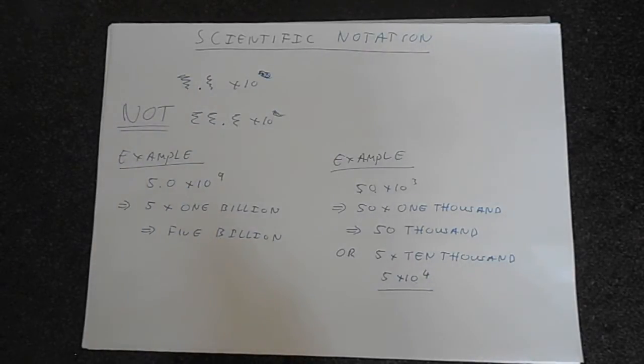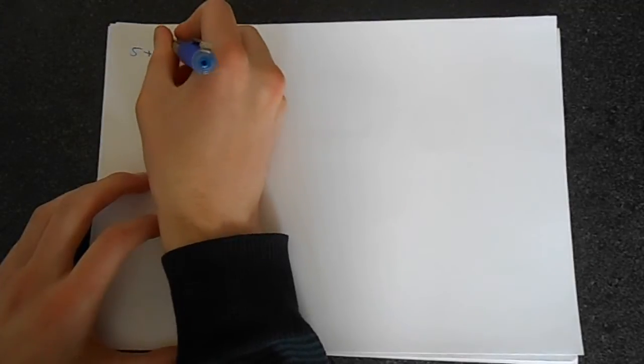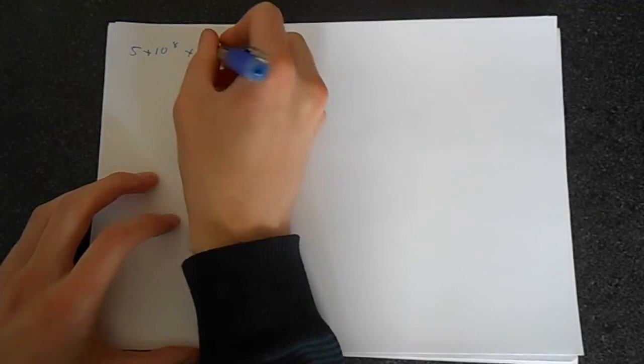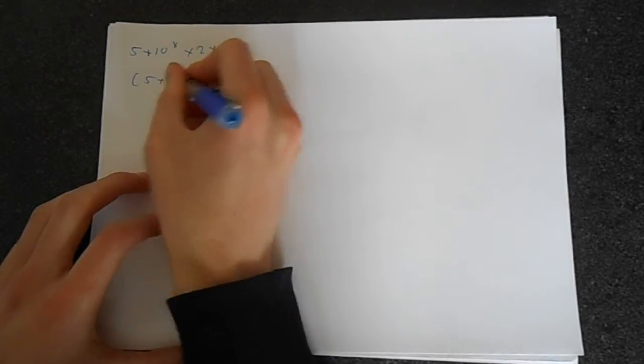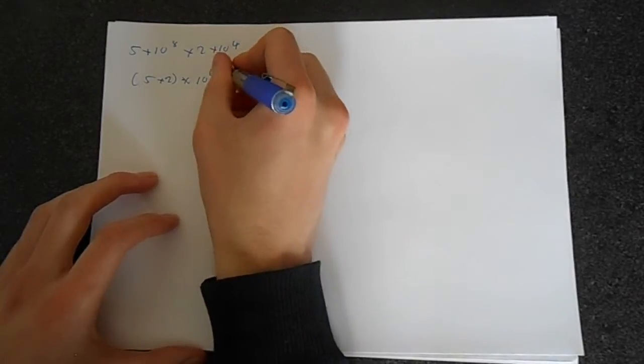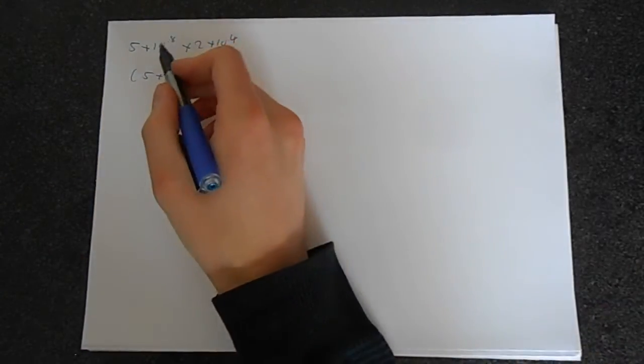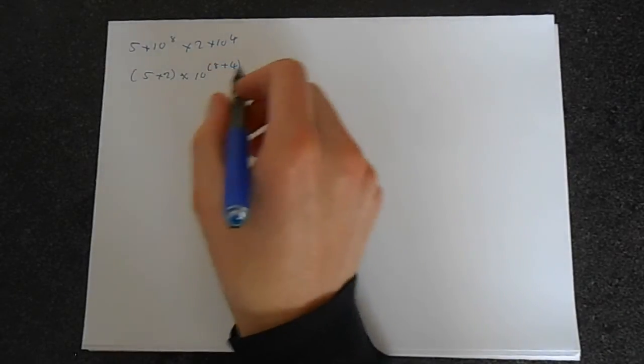Let's look at a very quick example of this in practice. Switch in another bit of paper. You're commonly asked to multiply in scientific notation, so doing something like 5 times 10 to the 8 times 2 times 10 to the 4. So you multiply the numbers, and then you take the 10 and you add the powers. You should probably know this by now, but when you are working with powers, you add the powers.